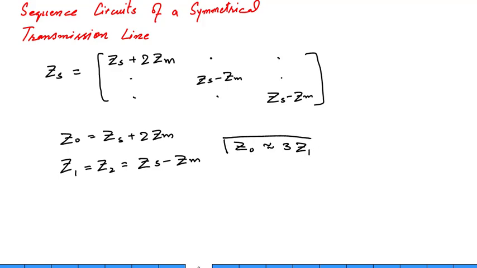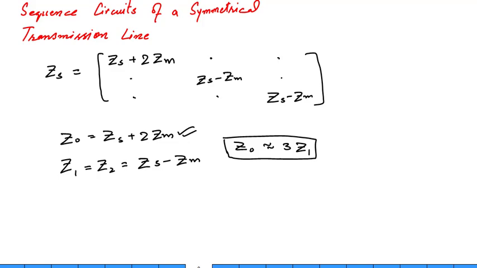That is the relation that normally exists between zero sequence and the positive sequence impedance of the transmission line. Which can be seen from this formula as well. Zs plus 2Zm is equal to Z0, and Zs minus Zm is equal to Z1 and Z2. Z1 and Z2 are actually positive and negative sequence impedances respectively.